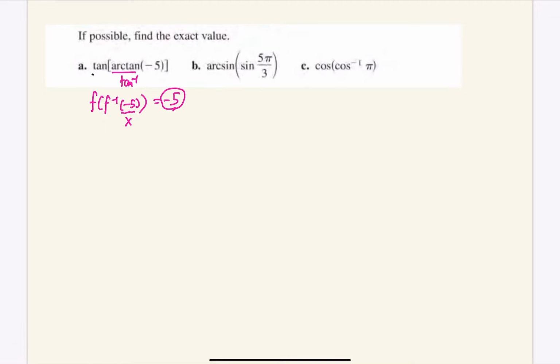Easy, right? Question B, arcsine, which is sine inverse, of sine of 5 pi over 3. Okay, this is the second case, the second composition rule, because the inverse function came first. f inverse of f of x equals x only when x satisfies the range of inverse sine. But what is the range of inverse sine?